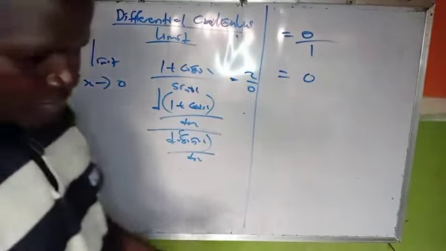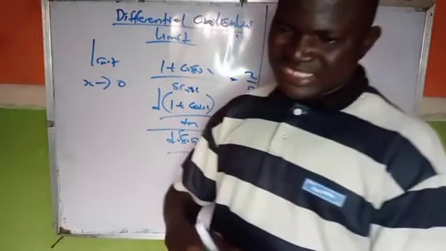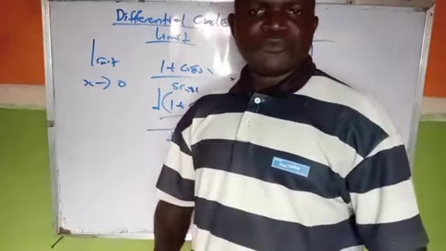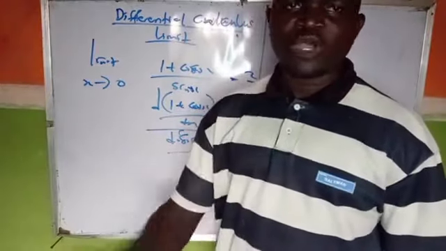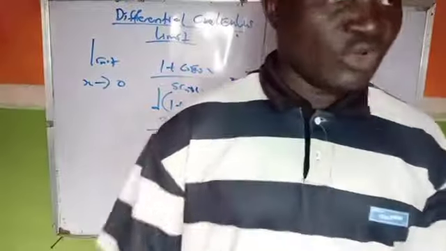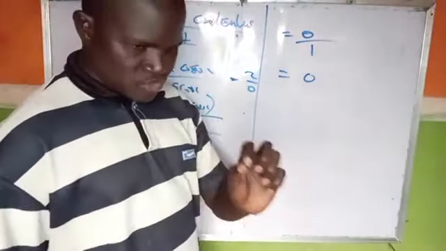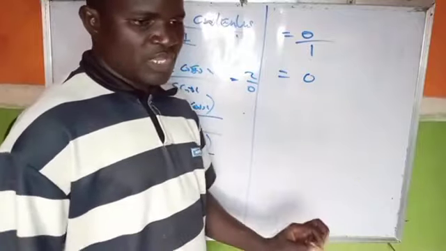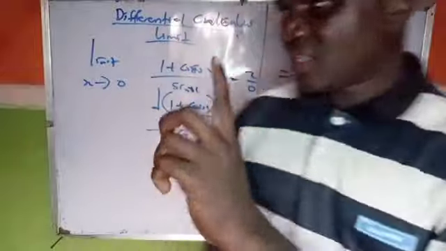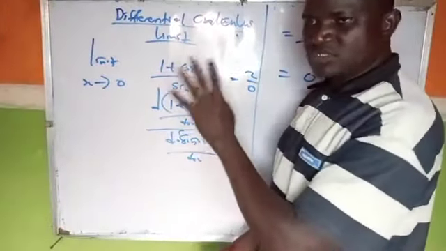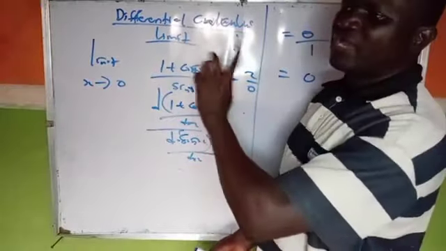What I'm saying is, the question will determine the method you are going to use. Even if you use the factoring method, it can still lead to indeterminate. So you go and use another method that will not lead to indeterminate. So it is the question that determines the approach, the method you are going to use. If you use a method and it leads to indeterminate, you know that's not the solution, so you use another method.